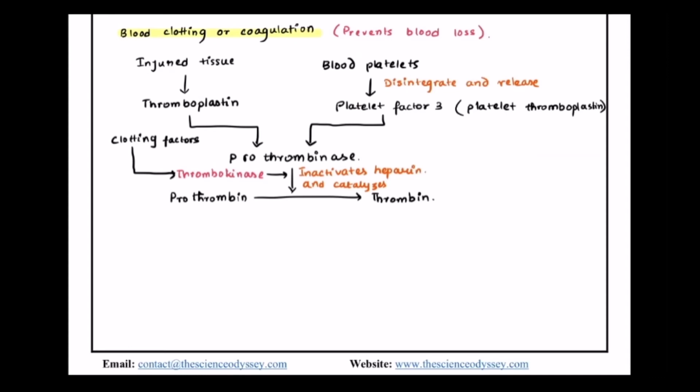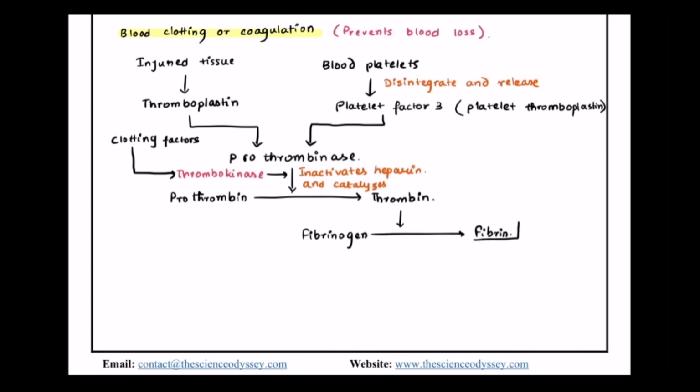prothrombin into thrombin. Now this thrombin, which is produced from prothrombin, it catalyzes another very important reaction, the final reaction of the blood clotting system, that is the conversion of fibrinogen to fibrin.